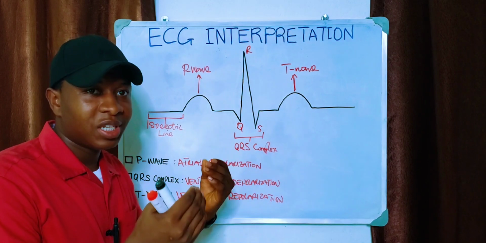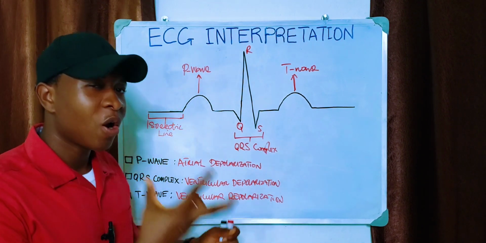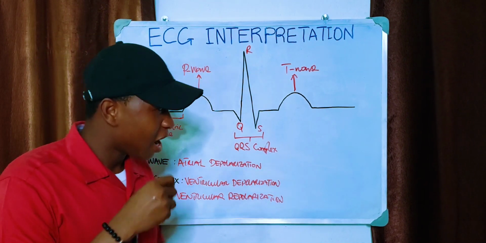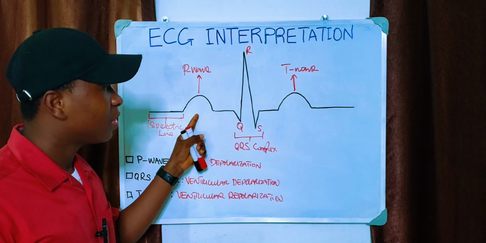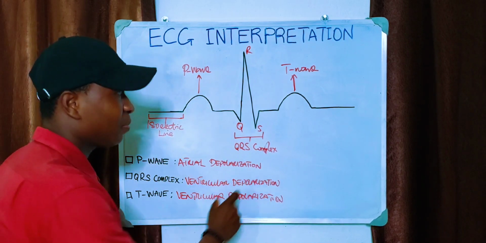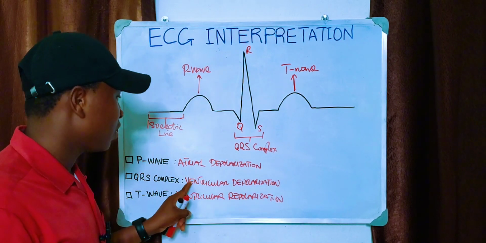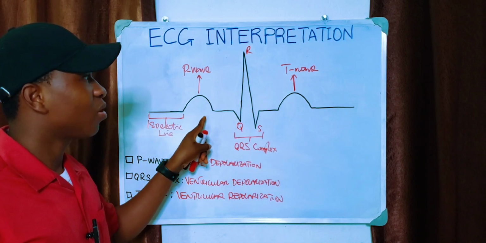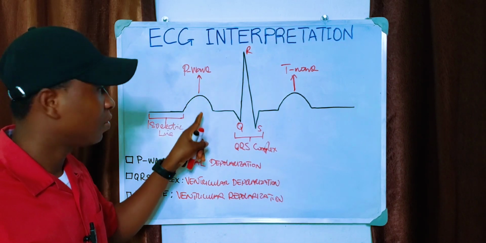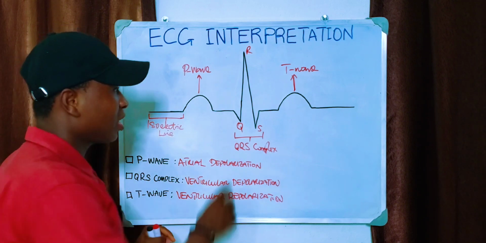When blood fills the atrium, it moves down to the ventricle. It is the ventricle that pushes the blood. So in actual fact, the atrial and ventricular depolarization happen almost at the same time, and because the ventricles are bigger, they cover the P wave. So that's what happens here.